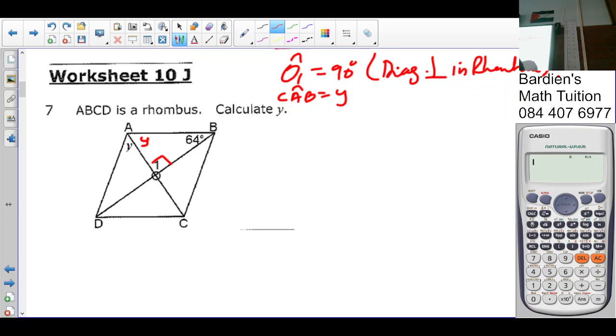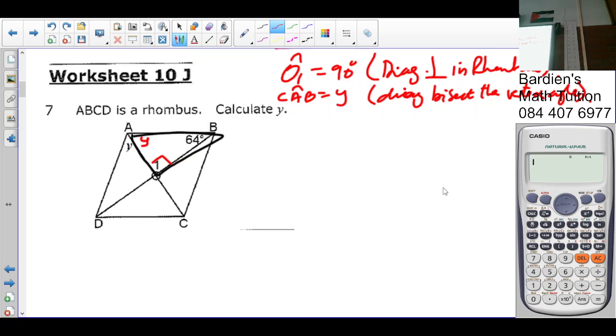Reason? Why is that y? Because the diagonal bisects the vertex angle. Okay. So how are we going to solve for y?